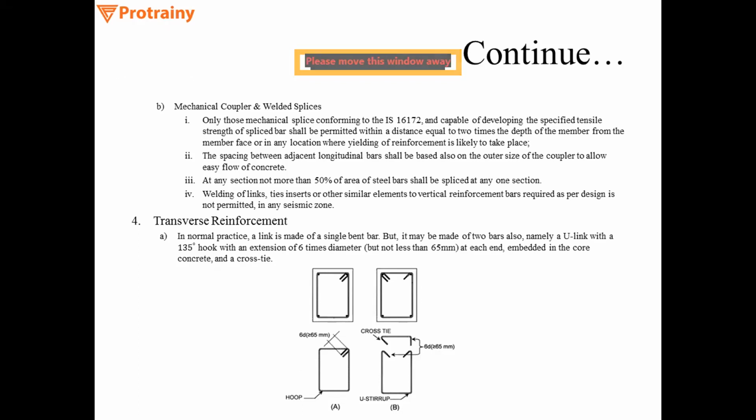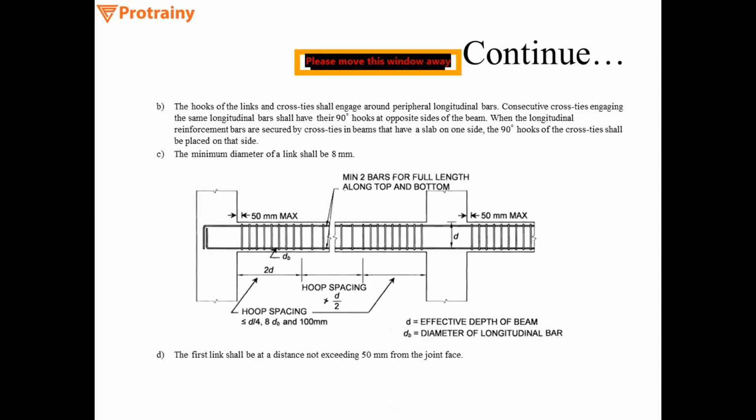But most probably we prefer to use a whole loop of a single bar. If such a condition cannot be created at a site, or there are several limitations, then only U stirrups are used.